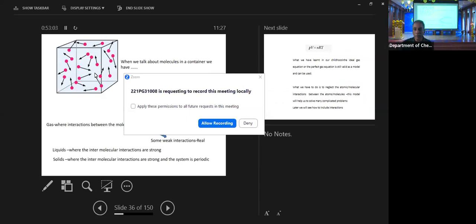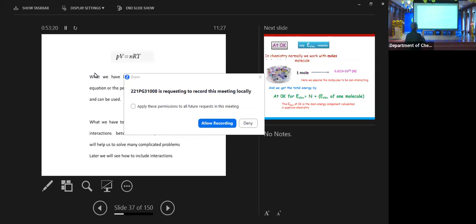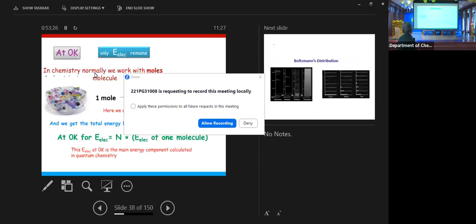What you get is in atomic units, which is for one molecule or one atom. If you multiply it by 6.023 times 10 to the 23, which you don't have to do since the software does it by itself, it will give you kilocalories per mole if you're looking at the difference of the energy. Here you are neglecting the interactions between the molecules.